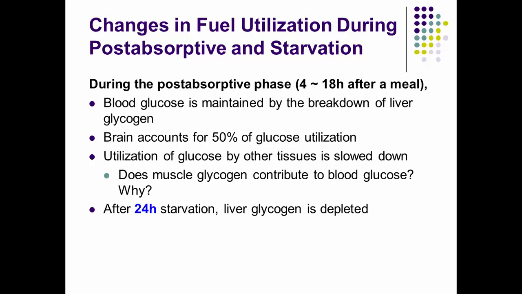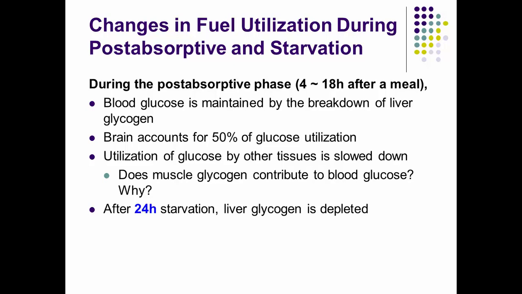And I think I probably need to correct something. Remember the last slide, I told you 16 to 18 hours for glycogen depletion. That is probably a broad range of timing, and this slide shows 24 hours after starvation.